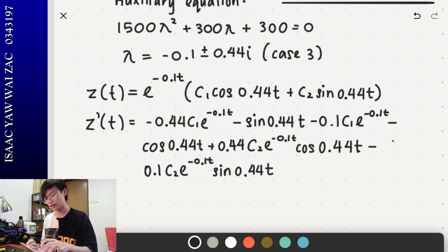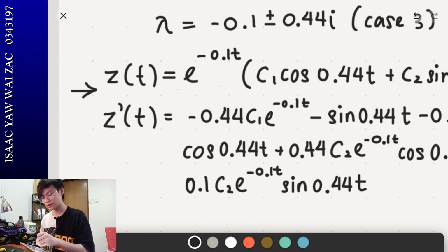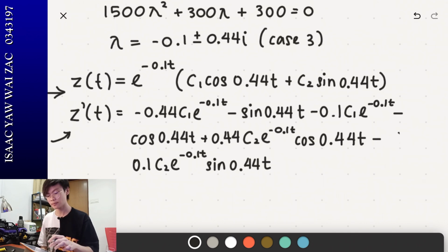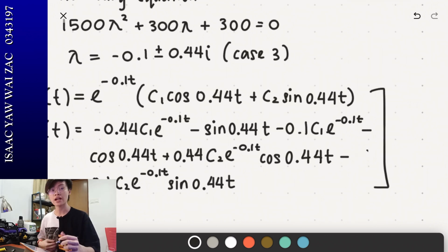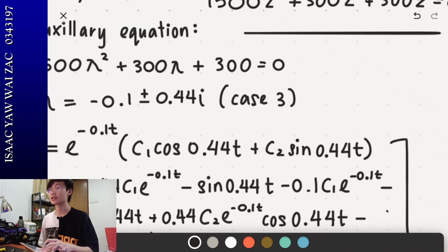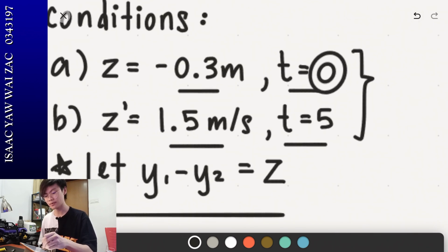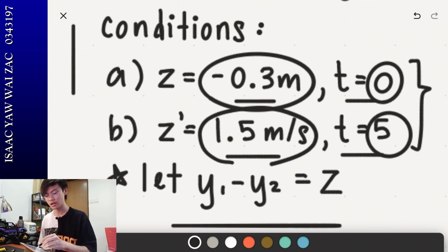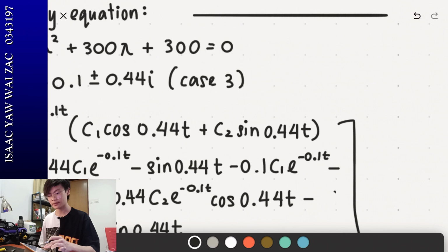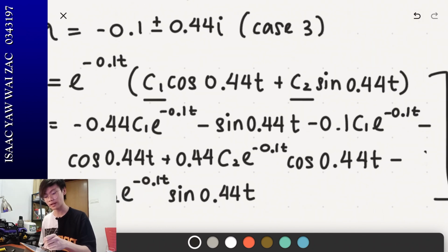Okay, so as you can see here, I've written out the formula for this z in terms of t, and also I differentiate it one time so that I have both of these equations, which I can substitute the initial conditions as shown in my A and also B with my time 0 and 5 for both the equations, and also negative 0.3 and 1.5 as the distance and the velocity to help me find the values of C1 and C2.